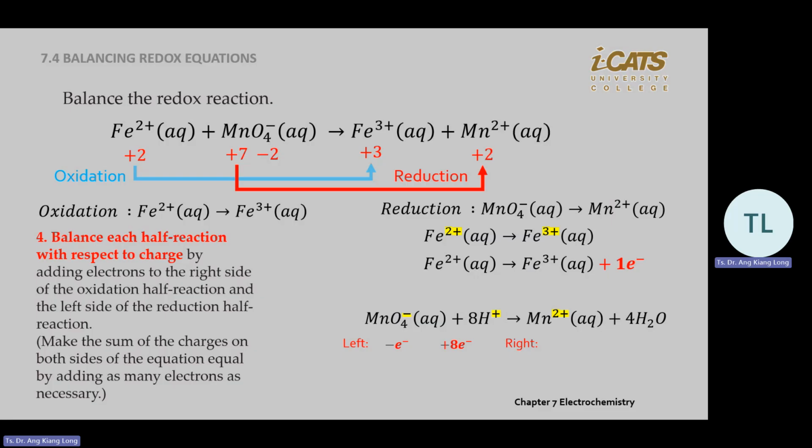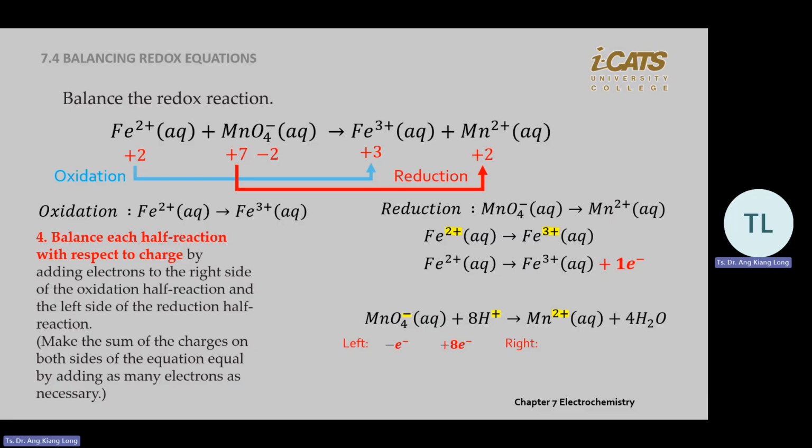Then 8H plus. How do you make it neutral? Because you have 8 positive, neutral means you add 8 electrons. This is on the left hand side. On the right hand side, Mn2 plus. What should you write here?